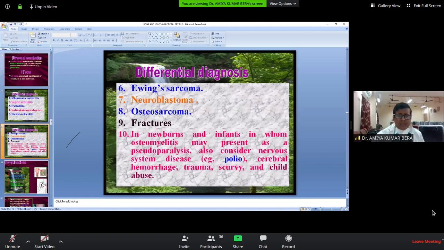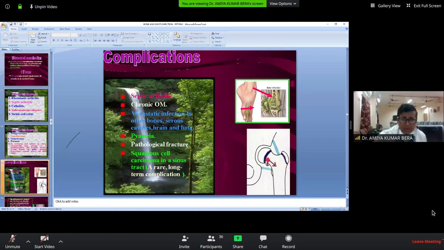What are the complications? The commonest complication is septic arthritis. Next is chronic osteomyelitis, particularly if presented late, if not treated properly. And other things are pyemia, abscess anywhere in the body, septicemia. In long-standing cases, there may be pathological fracture because the bone is weaker, if not splinted properly.